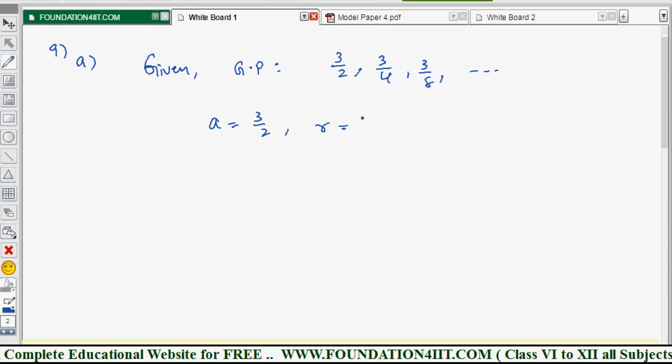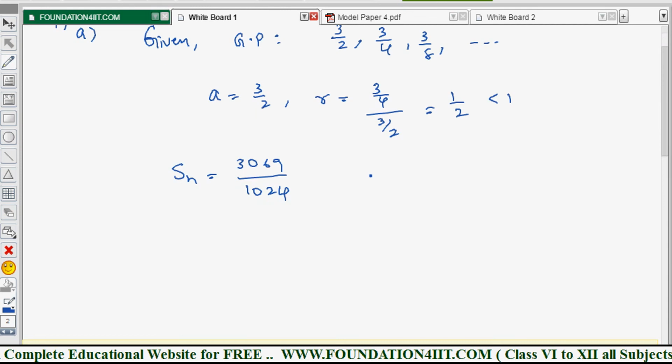The common ratio is any second term divided by the first term. So 3 by 4 divided by 3 by 2, that is 1 by 2. The 3s cancel and 2 by 4 is 1 by 2. So R is less than 1. Then the Sn value, the sum of n terms given in the question, is 3069 by 1024.